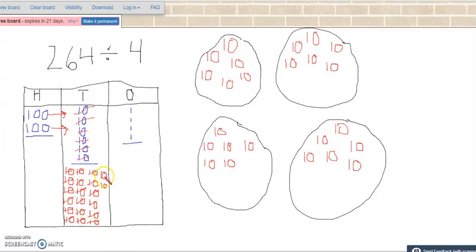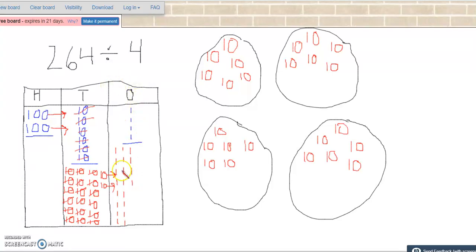Okay, so I noticed that I have 2 10s left over. Those cannot go equally into each group, so I am going to make those 10s regroup and come over into the 1s, and I need to have 20 1s represented. 13, 14, 15, 16, 17, 18, 19, and 20.